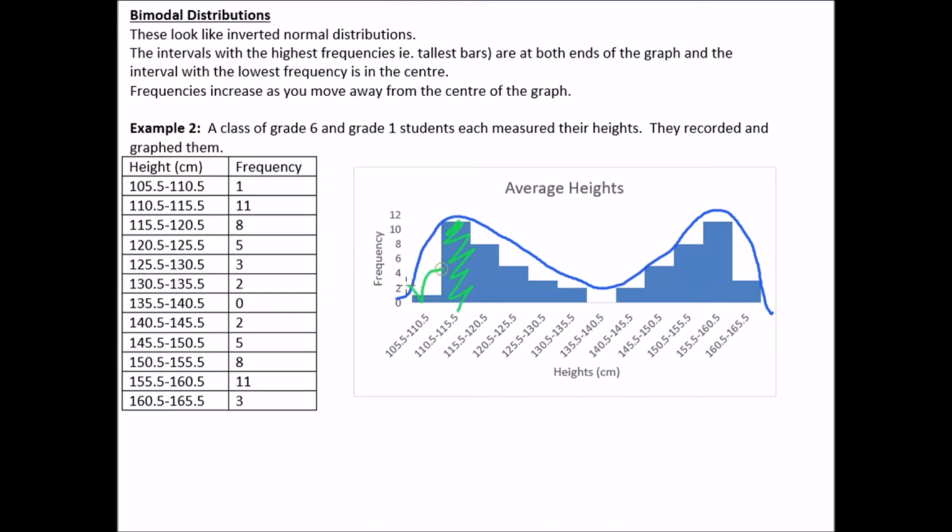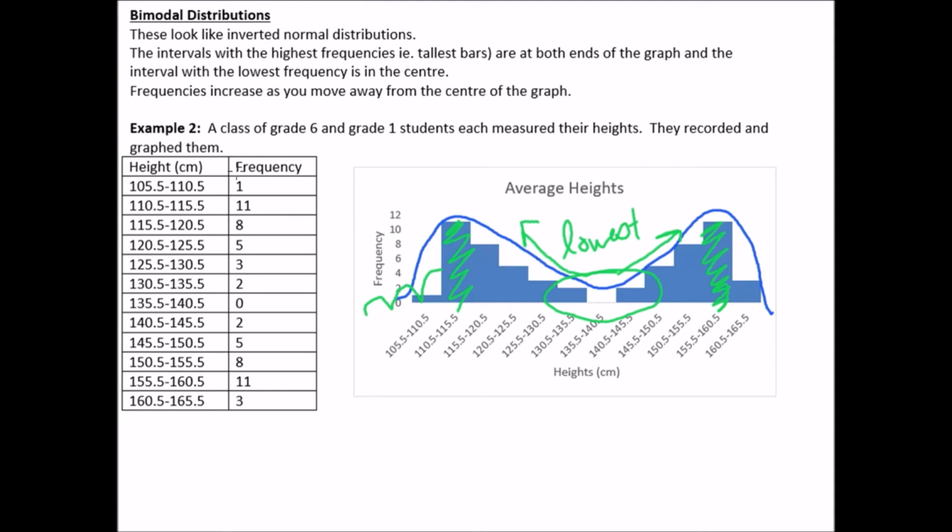There could be more bars here, that'd be fine, but the tallest bars are definitely not together. The lowest frequency is in the center. So here's the lowest frequency. Frequencies increase as you move away from the center of the graph, so toward the left or the right.